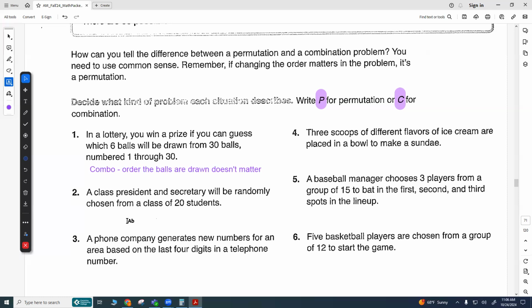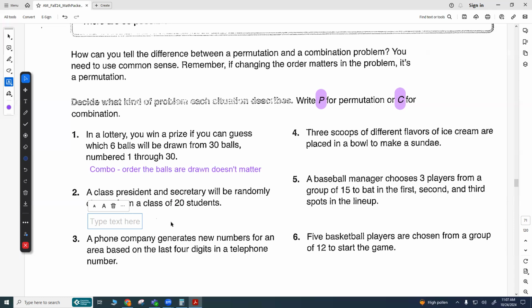We probably would need more information. But once again, we would assume that order does matter because we're going to randomly select the president and then select the secretary. At least that's what the answer said: the order the students are chosen will decide who is president and who is secretary.